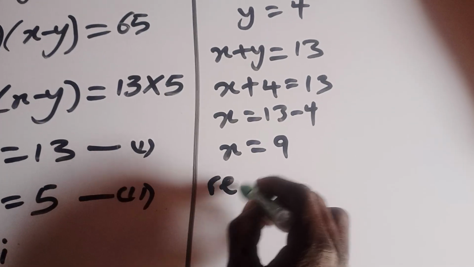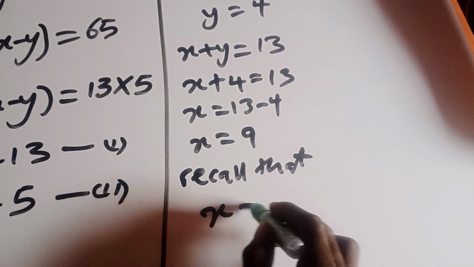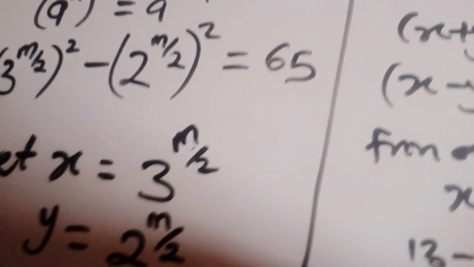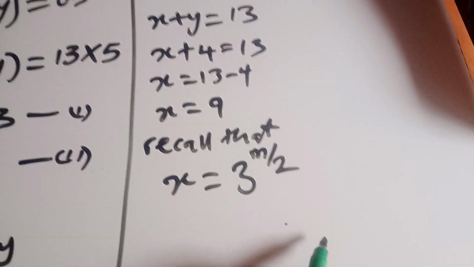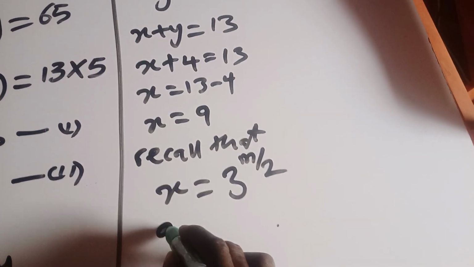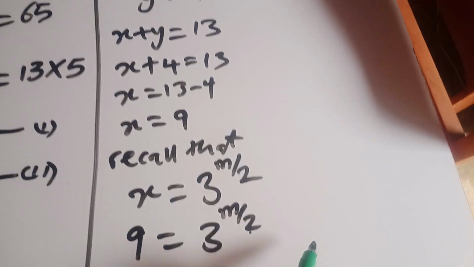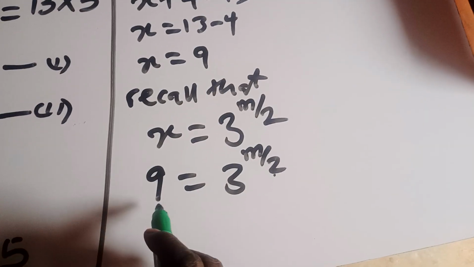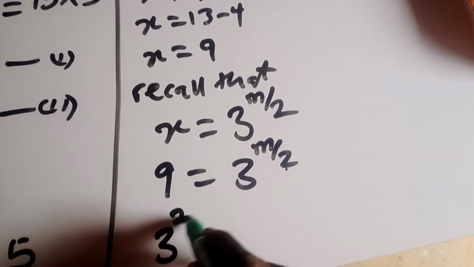So we have to recall that x is equal to 3 raised to power m over 2. What's the value of our x? x is equal to 9. Now equal to what? 3 raised to power m over 2. According to the law of indices, I can rewrite this 9 in the form of index, that is 3 raised to power 2.